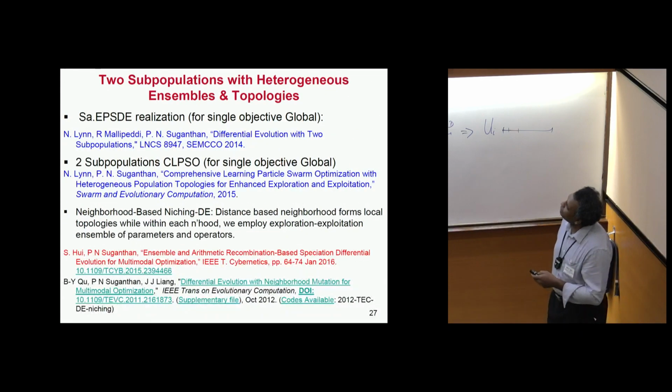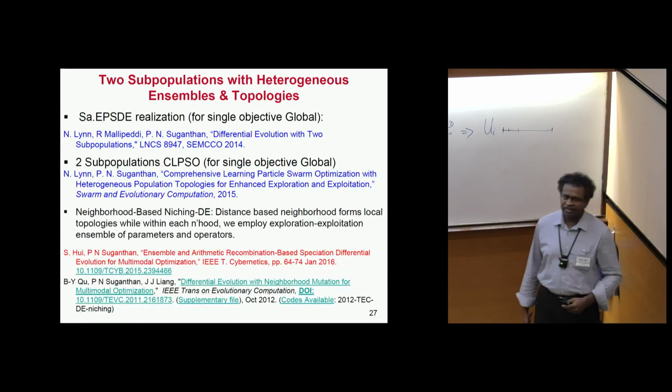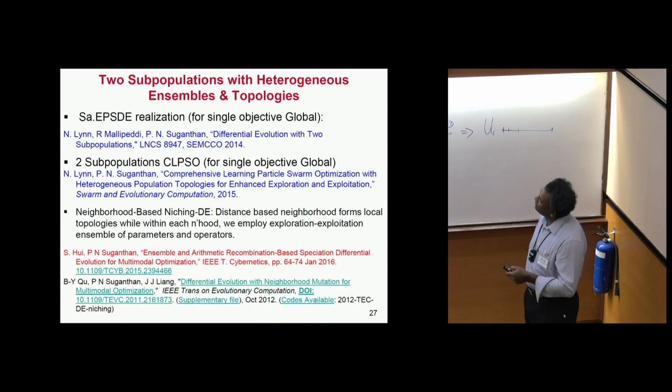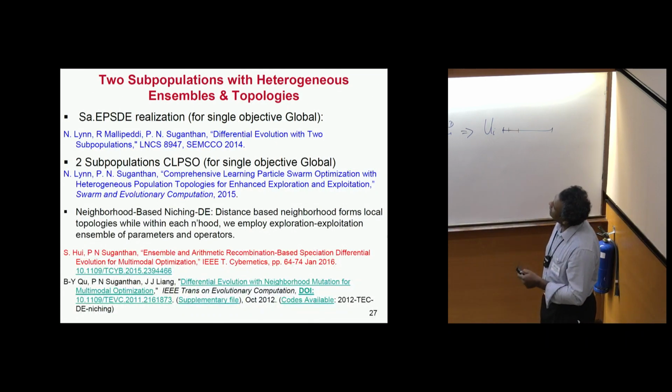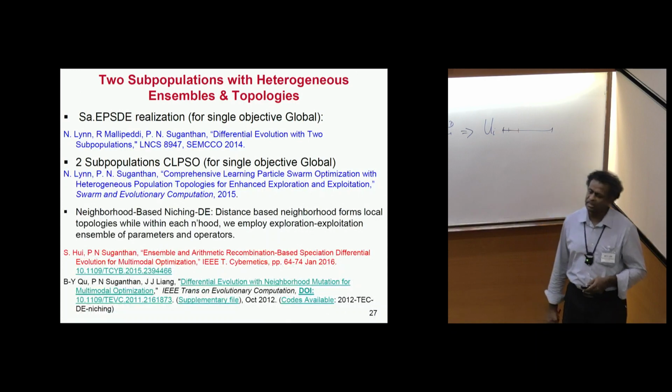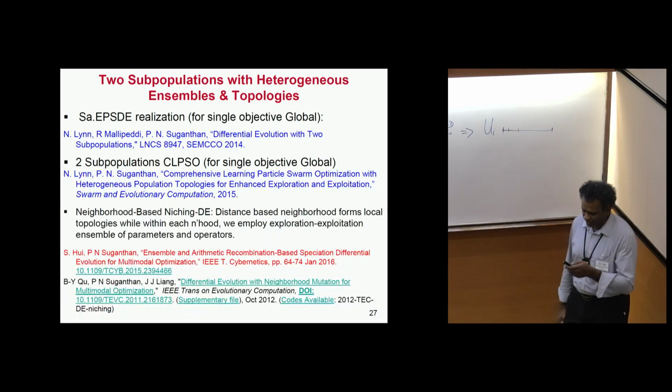So we have some papers based on that. This is for differential evolution, and this is for PSO, and this is for differential evolution. So we have done this with a few cases. And in the second work, it also comes with a Euclidean distance-based neighborhood as well.